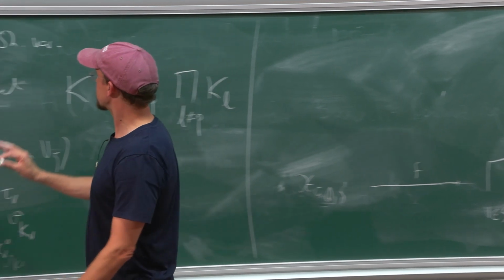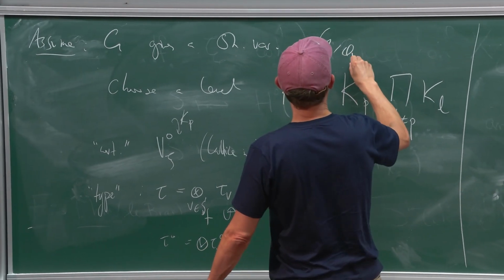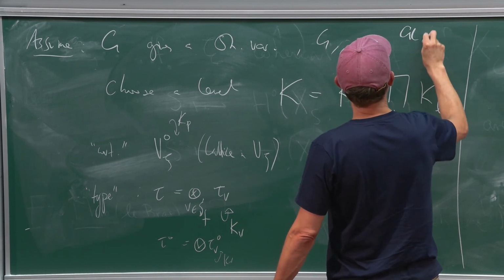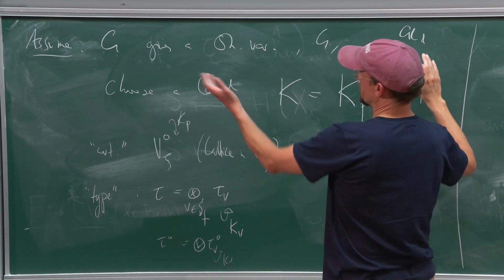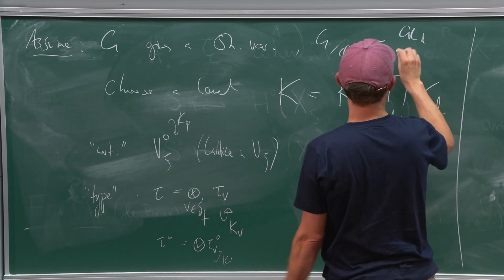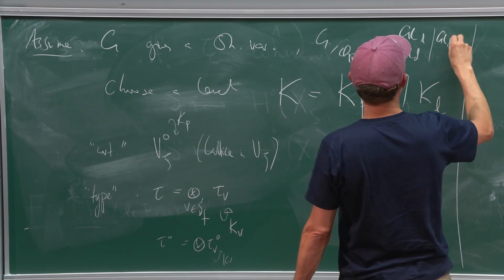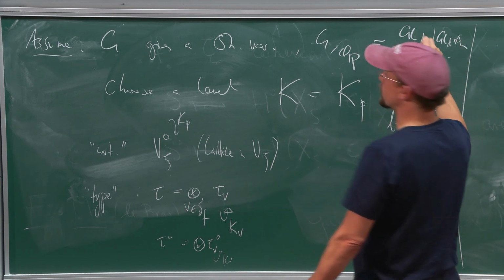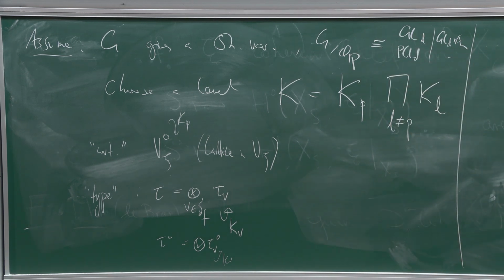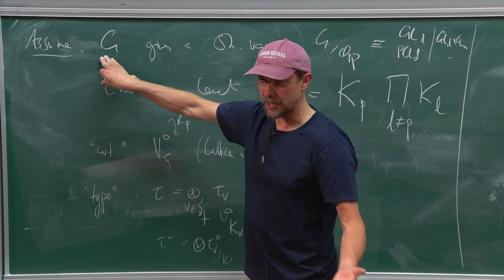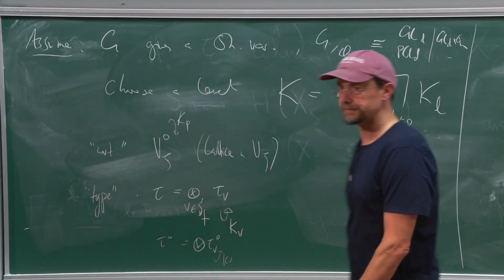And so I should probably assume that G locally at p is isomorphic to GL_d, or PGL_d, or you could do GL_d times G_m, sort of various simple modifications of GL_d. So probably in practice, my G should be modular curves or unitary Shimura varieties.